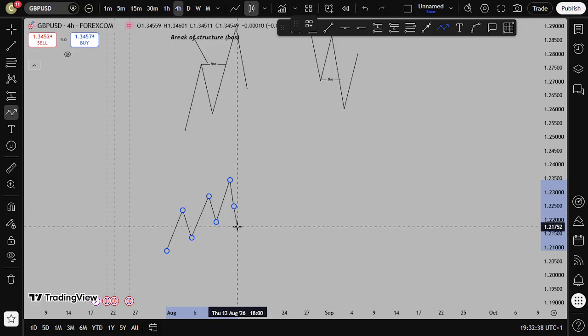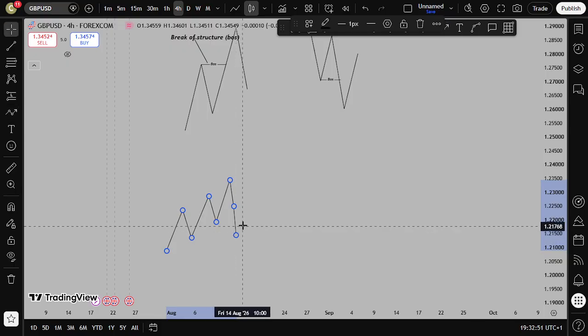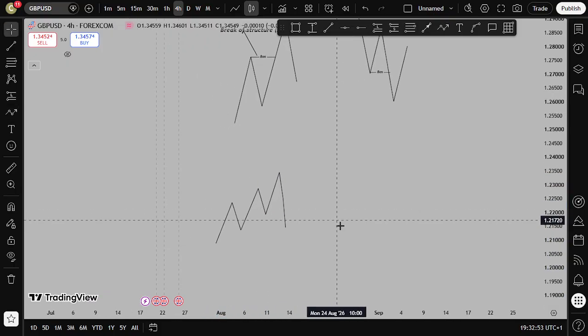Instead, it came and broke this last higher low. Like I said, which signifies that something has changed.